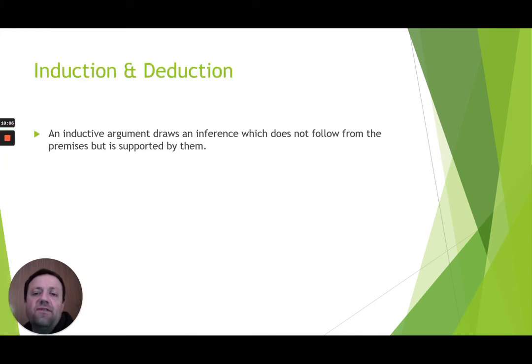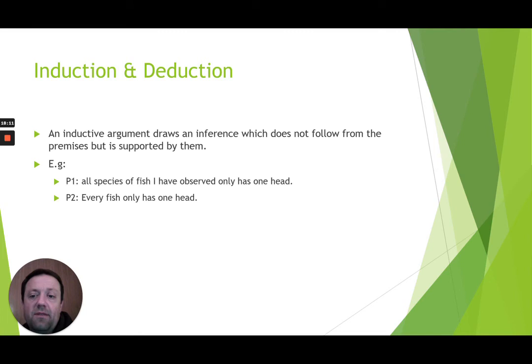So an inductive argument draws an inference which does not logically follow from the premises, but is supported by the premises. For example, all species of fish I have observed only have one head. Because I've done a lot of observation of fish, and they've all only got one head, I'm justified in assuming that every fish only has one head.